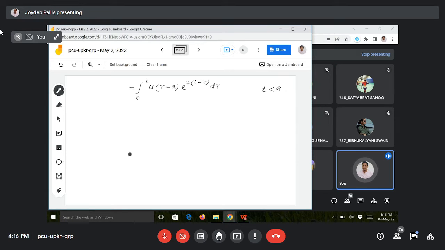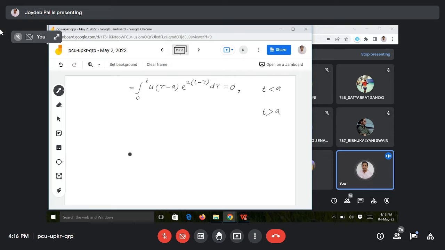Therefore, the value of this integration will be 0, because to the left of a, u(tau minus a) is 0.